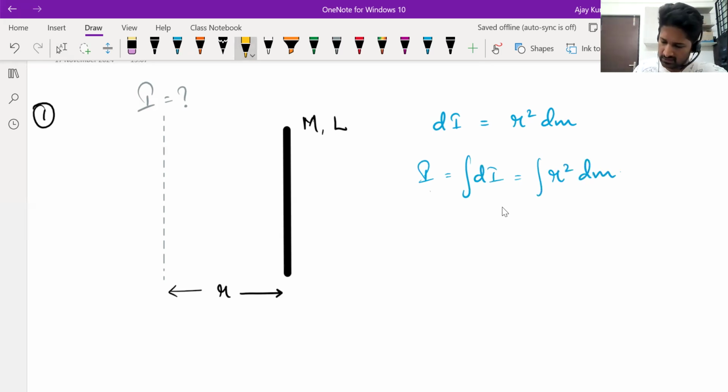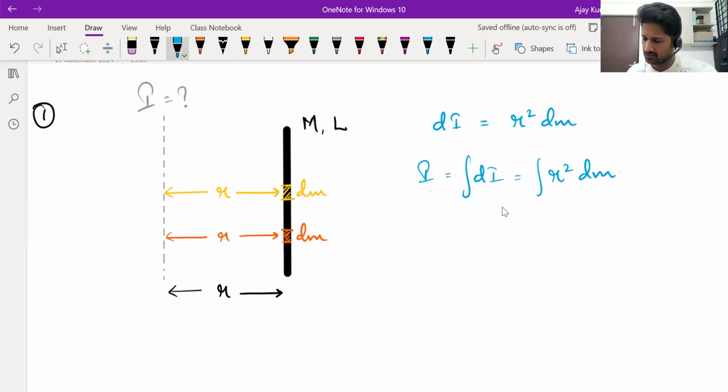So consider an element of the rod. Let its mass be dm. Its distance from the axis is the distance of the entire rod from the axis. So here, in this situation, from element to element, r will not be a variable. You take a dm anywhere, the distance from the axis will be the same.